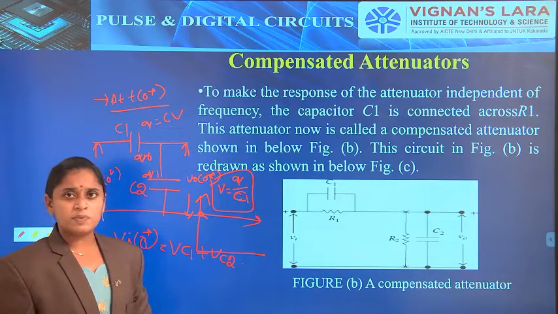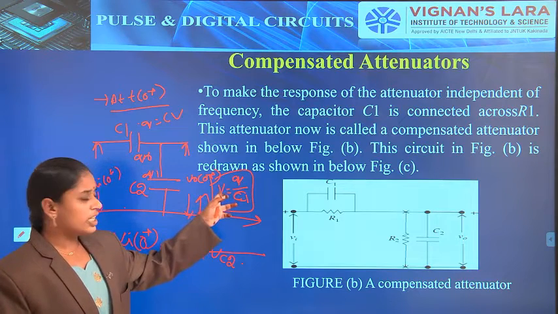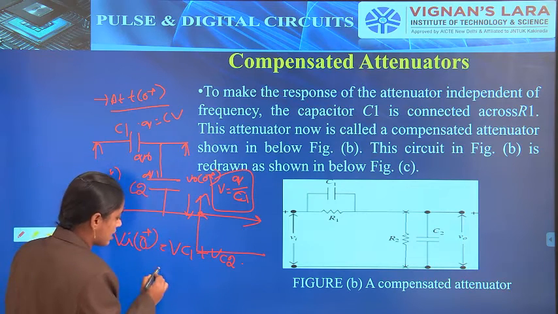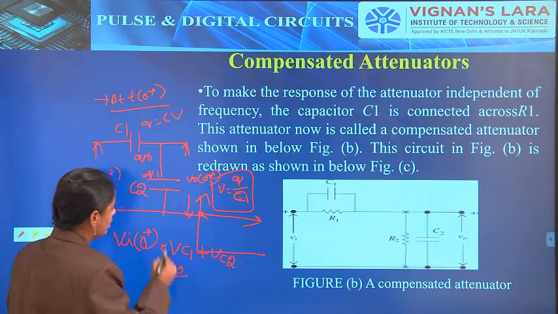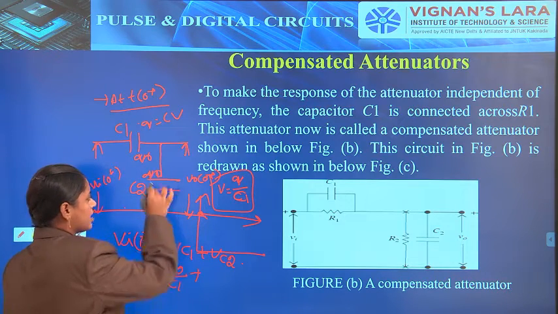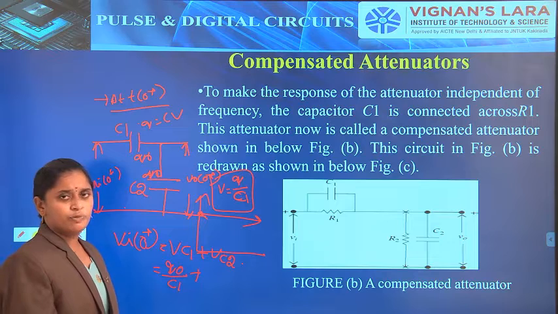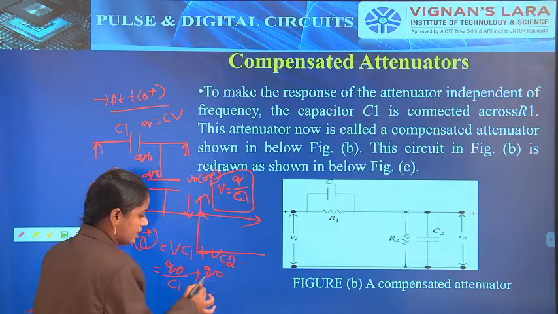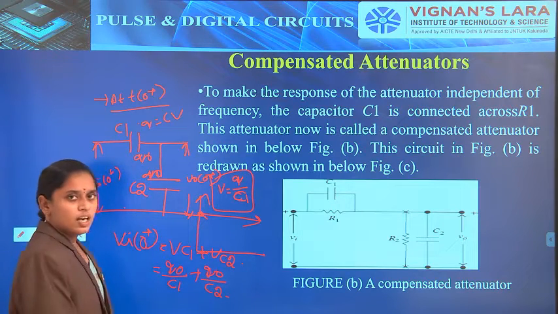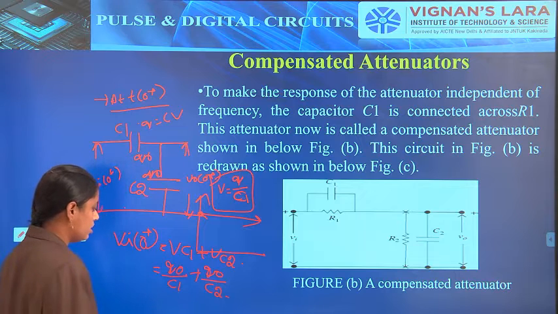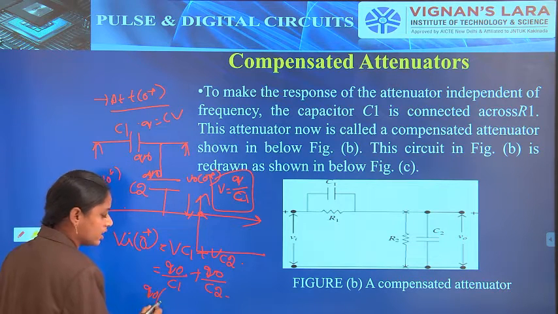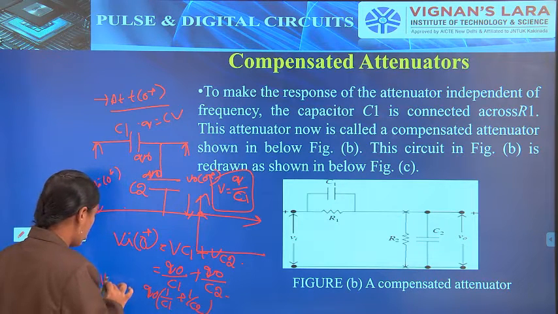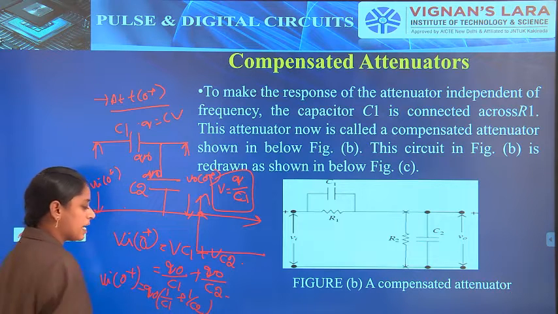Vc1 is equal to Q0 by C1, and Vc2 is equal to Q0 by C2, since the charges are the same. Taking Q0 as common, the equation becomes Vi of 0 plus is equal to Q0 times 1 by C1 plus 1 by C2.